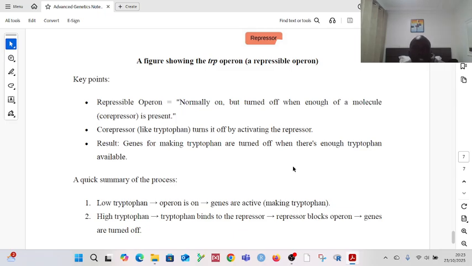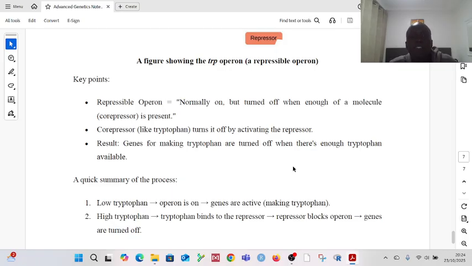So the key point we need to remember is that a repressible operon is normally on, but it has to be turned off when there is enough of a particular molecule in the environment. So there is no point in creating more when you have enough.